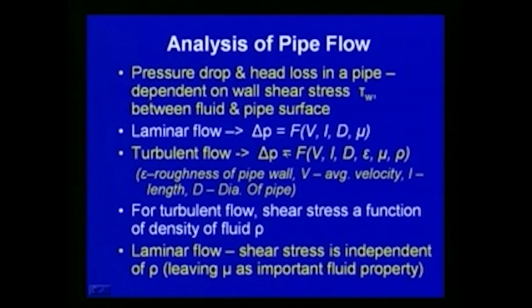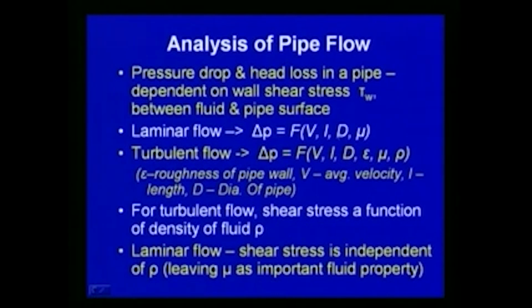Similarly, if we analyze fully developed turbulent flow in a pipe, the pressure drop or head loss will be a function of the average velocity V, the length of the pipe L, the diameter D, the roughness of the pipe wall, the coefficient of viscosity mu, and the density.